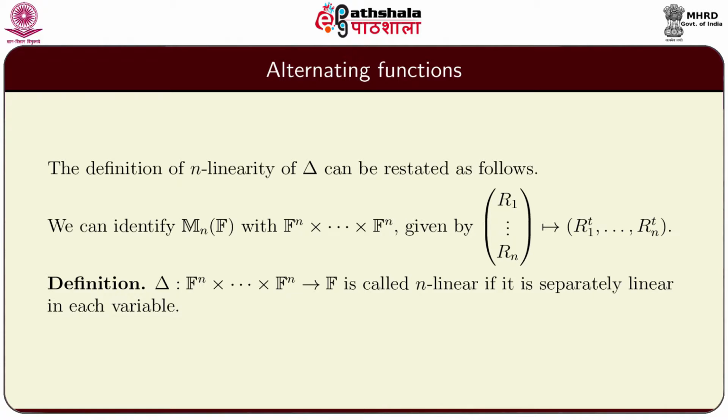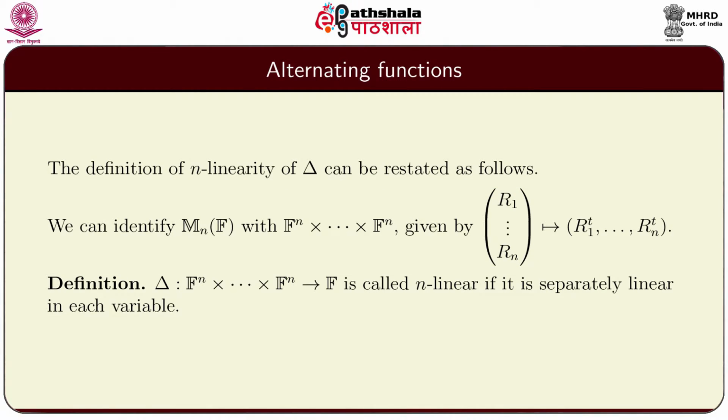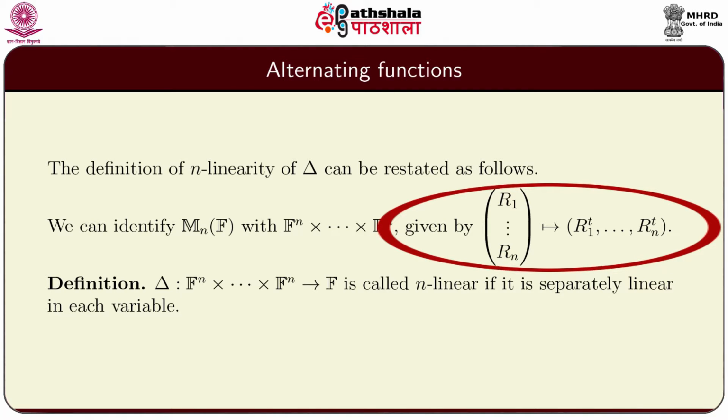The definition of n linearity of delta can be restated as follows. If we identify MnF with this Cartesian product of Fn, n copies of them, this identification being this column R1, R2, Rn, where R1, R2, Rn are the rows of a matrix, going to R1 transpose up to Rn transpose.